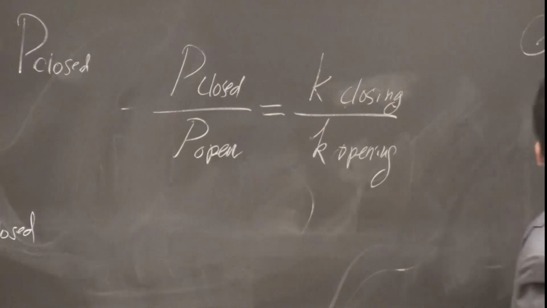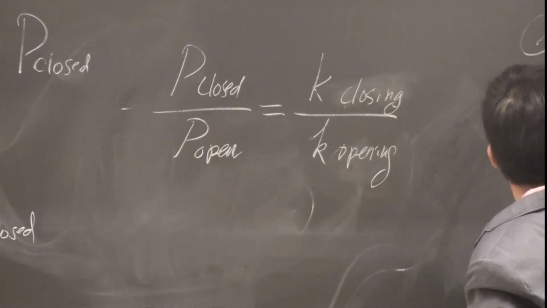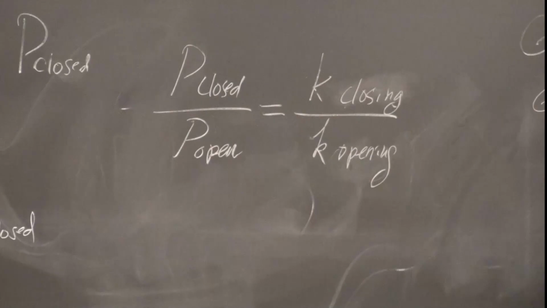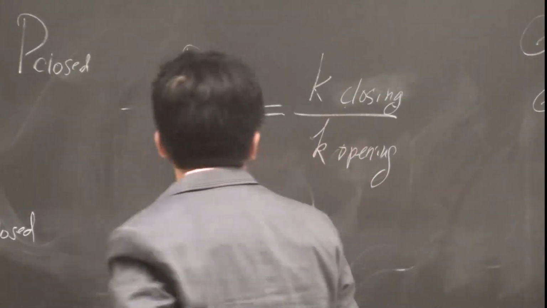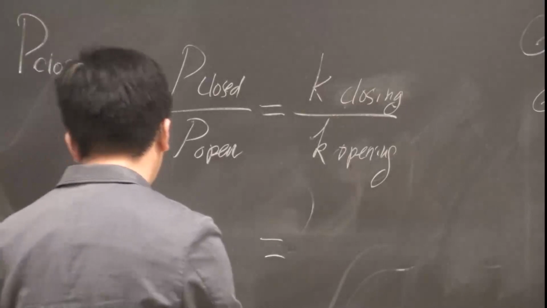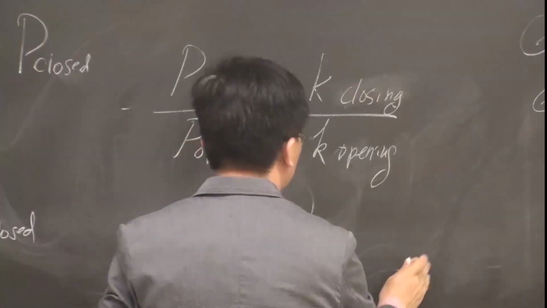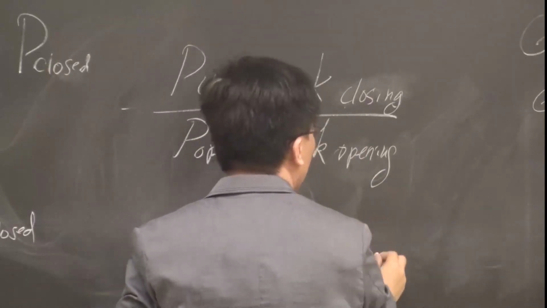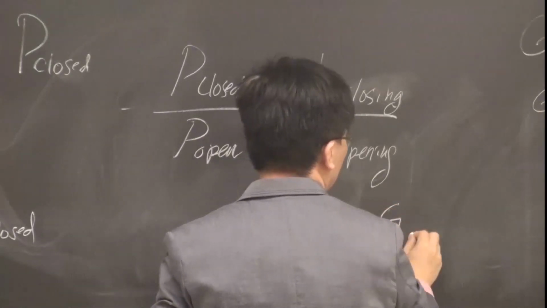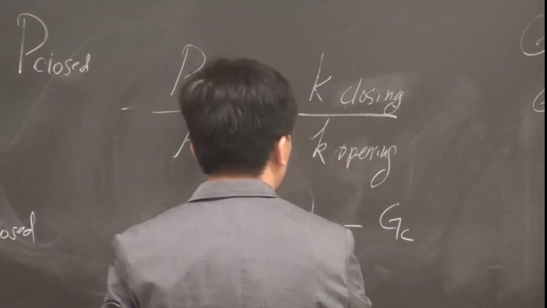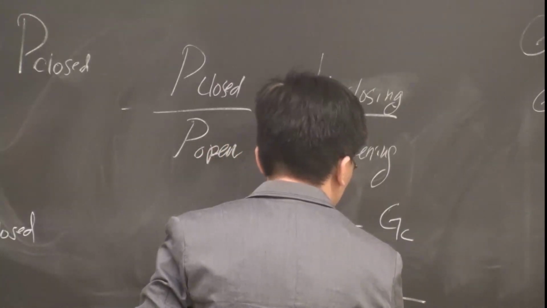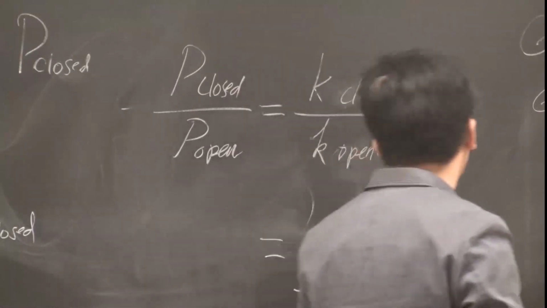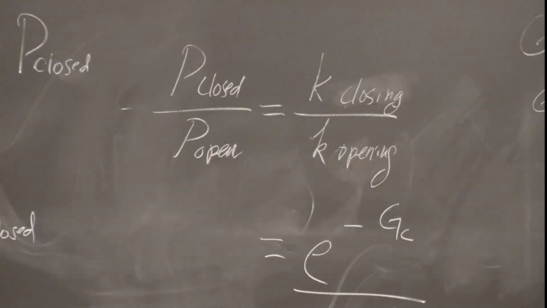So if you come here and measure G of closed, and then measure G of open, so the free energies of the closed and open states, then the ratio between the two will be given by the Boltzmann distribution.